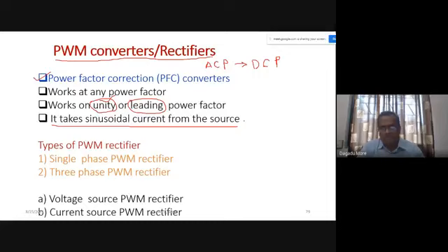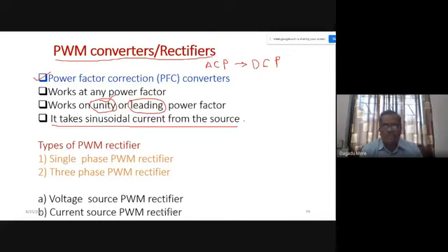So whatever the drawbacks of thyristorized converters, they are completely eliminated with the help of PWM converters or PWM rectifiers. And these PWM rectifiers we can call ideal rectifiers from the power system point of view, because they operate at unity power factor and take a sinusoidal current from the power supply.